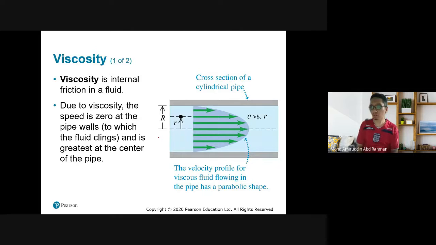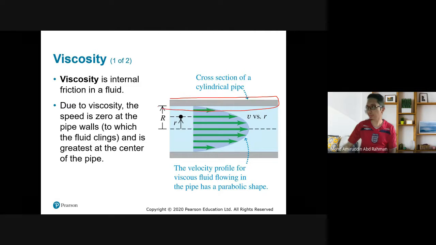Because of the viscosity, the pipe walls, for example this is the pipe wall, the speed is 0 at the pipe wall.